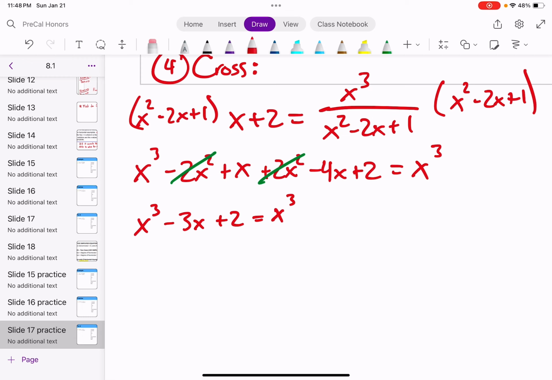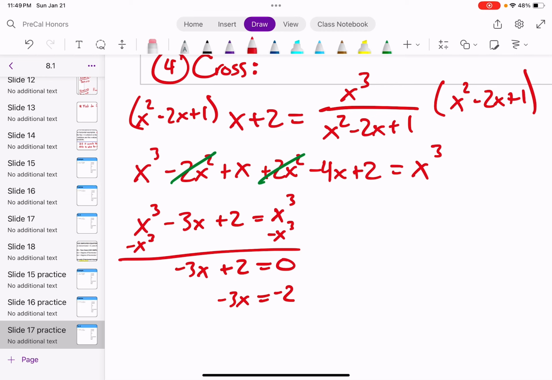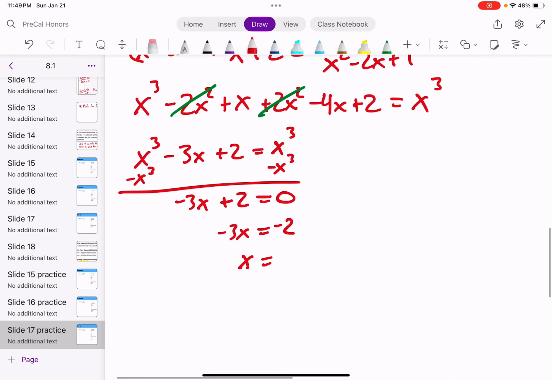We're going to go ahead and subtract x to the third power from both sides. We are left with negative 3x plus 2 is equal to 0, and we're going to go ahead and solve for x. So negative 3x is equal to negative 2. X is equal to 2/3. Now keep in mind, we actually ended up with negative 2 over negative 3, but that does turn into a positive 2/3.